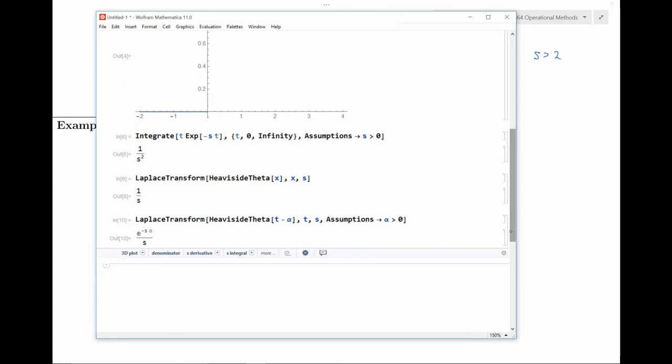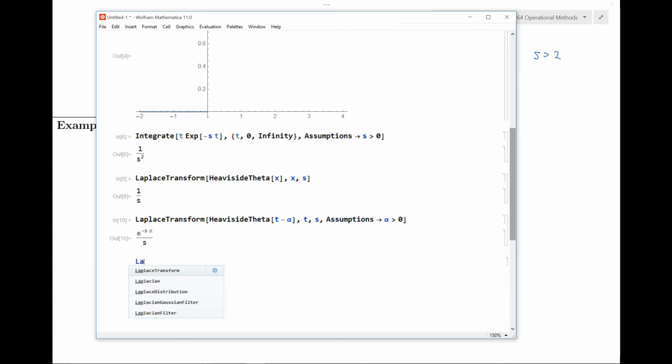Alright, what else did we do? We did the Laplace transform of functions like cosine of omega t.